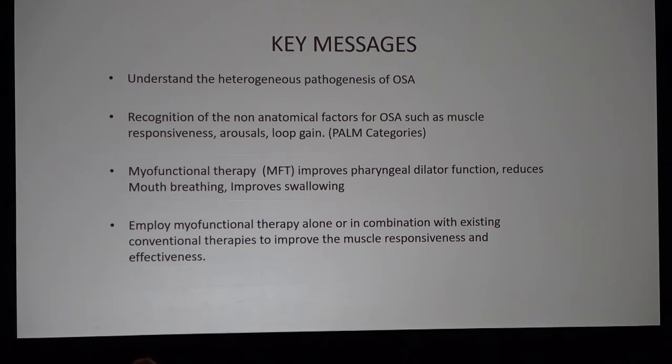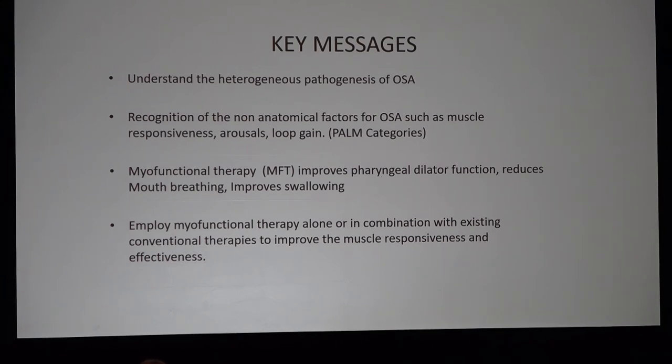It's very important to understand the heterogeneous pathogenesis of OSA and recognize the OSA phenotypes like responsiveness, arousals, and loop gain. And MFT, as Mark told, definitely improves mouth breathing. It reduces mouth breathing and improves swallowing. The reduction of mouth breathing positively helps CPAP adherence also.